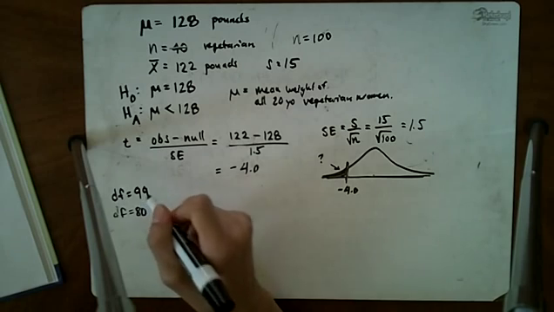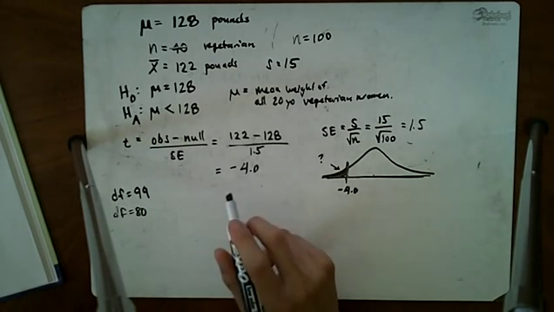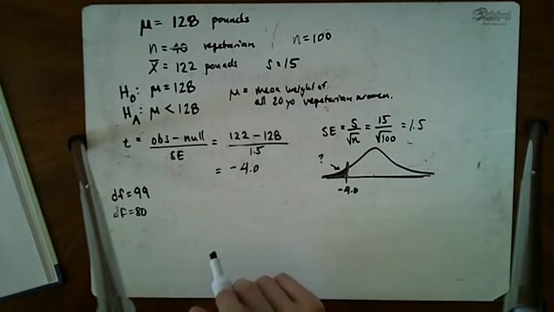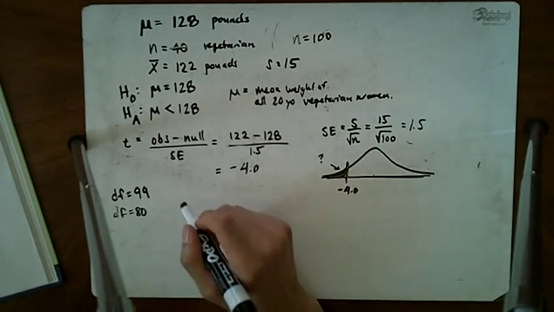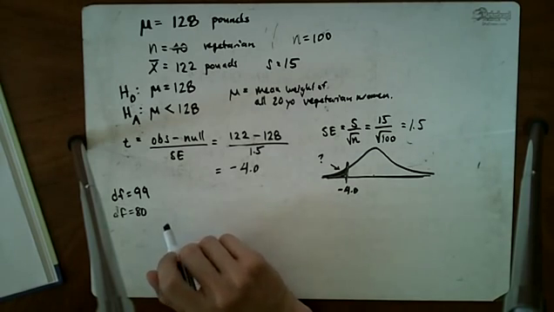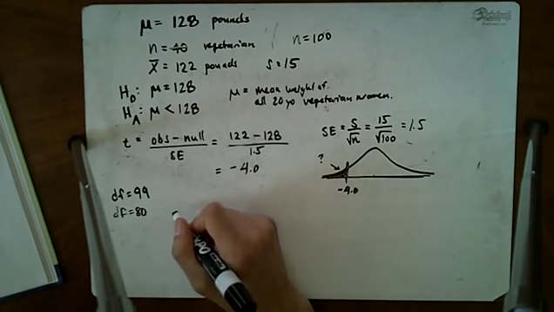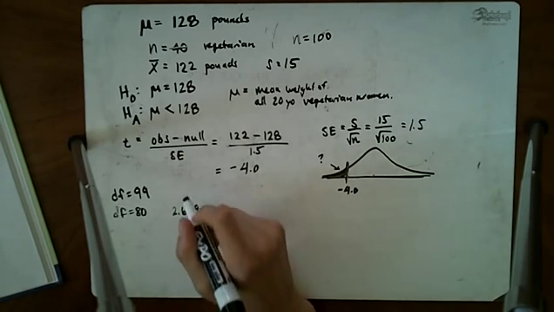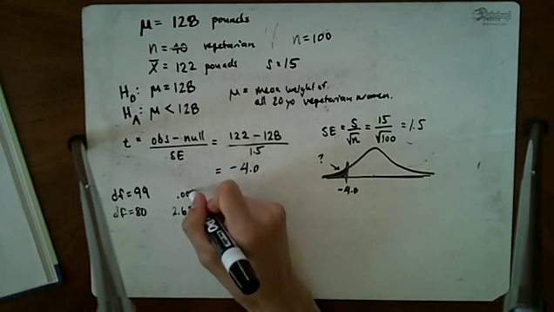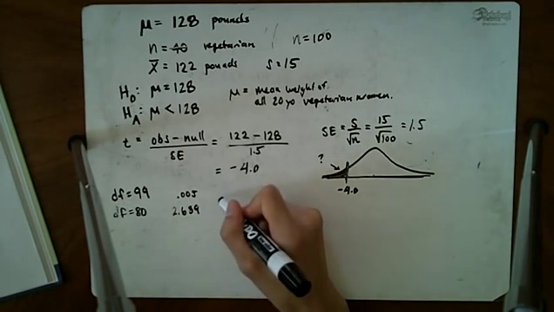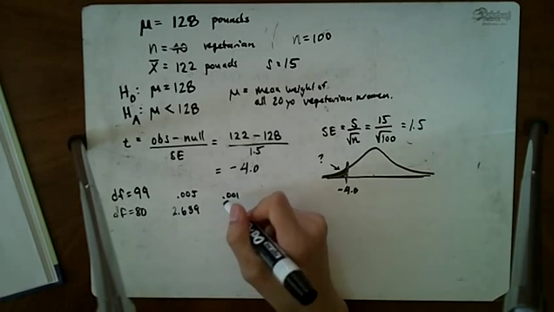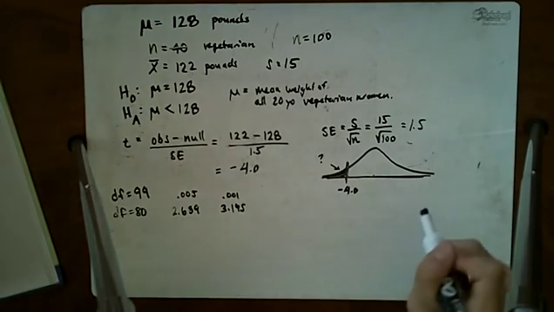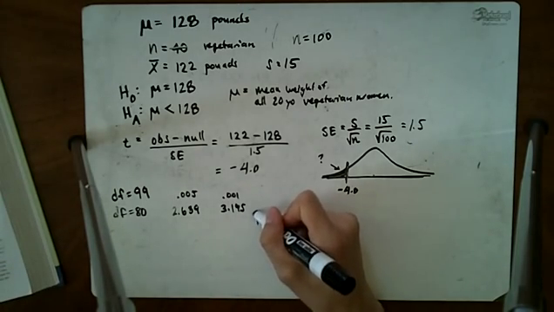Now, depending on the t-table that you're using, you might have a different number of degrees of freedom. But in this case, I look for 80 degrees of freedom, and the smallest number that I see is 2.639, which corresponds to a tail probability of 0.005, and this book actually goes out to 0.001, which gives me a value of 3.195. Okay, so the number 4 is beyond this number.